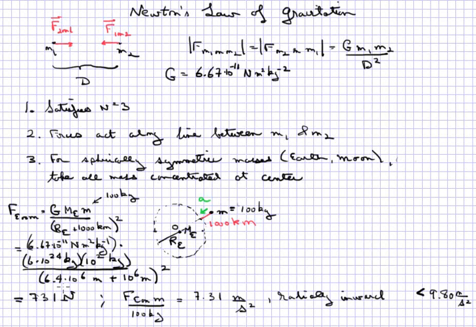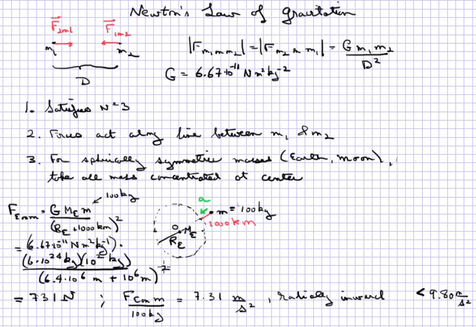Converting kilometers to meters, the radius of the Earth, 6,400 kilometers, converts to 6.4 times 10 to the 6 meters, plus 10 to the 6 meters. This denominator represents the distance from the center of the Earth all the way up to m, squared.